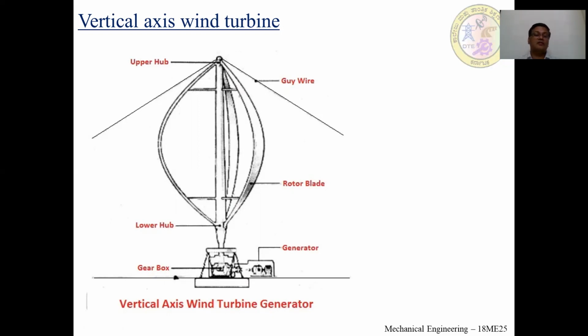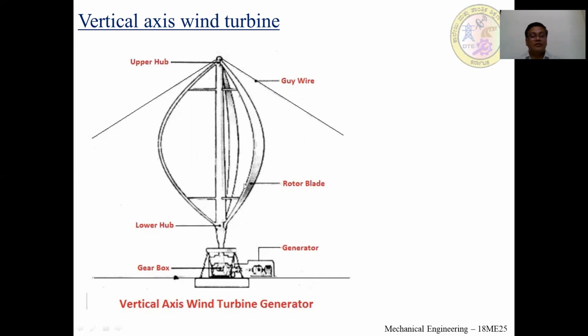The shape of these blades is similar to the letter D. Technically we can't call it a D shape, but for our convenience we name it like that. So, D shape blade.